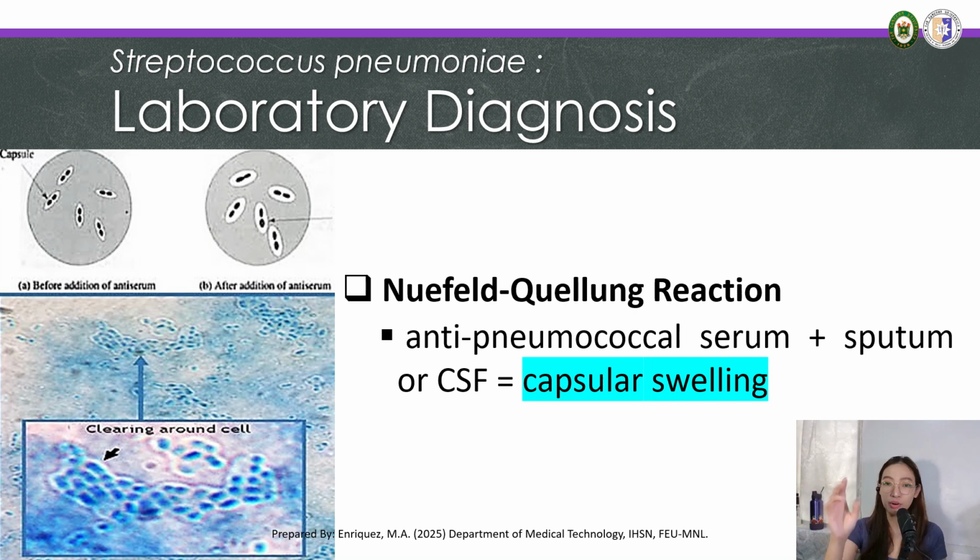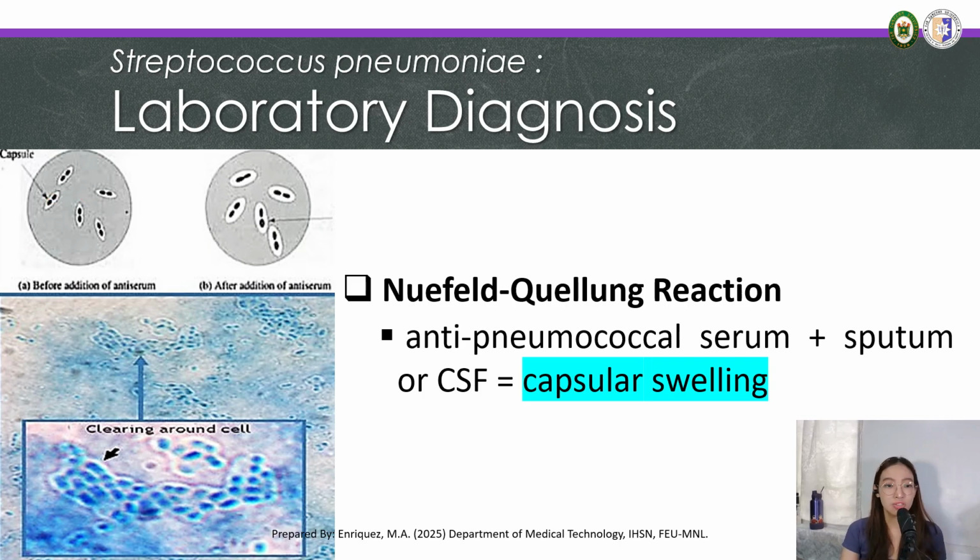Yung sputum daw po, hahaluan natin ng anti-pneumococcal serum, and a positive result is indicated by capsular swelling, as we can see right here.